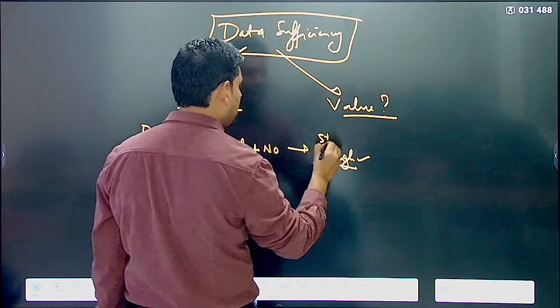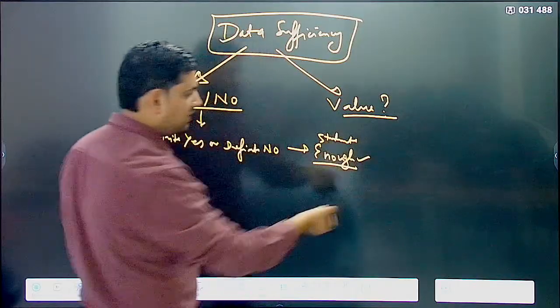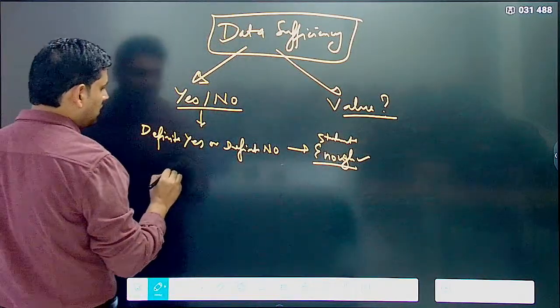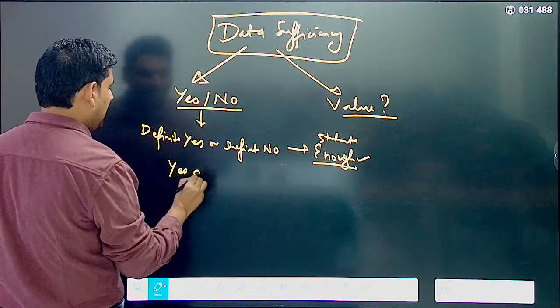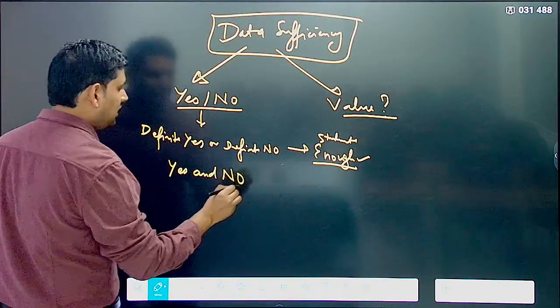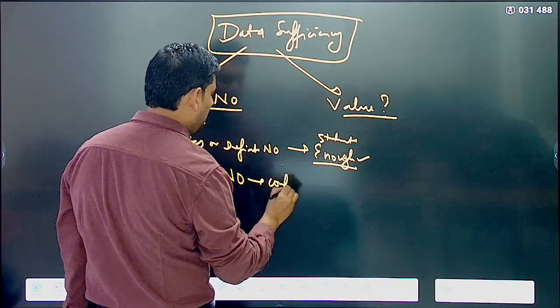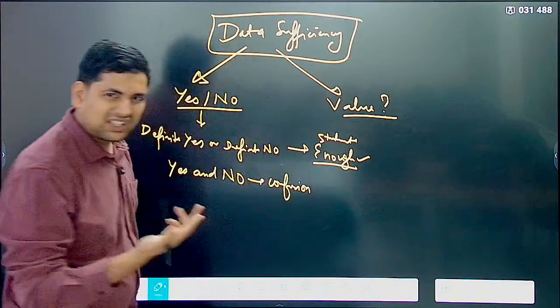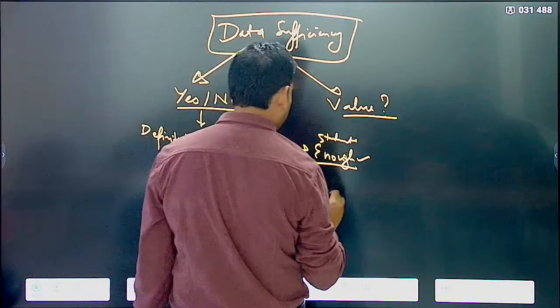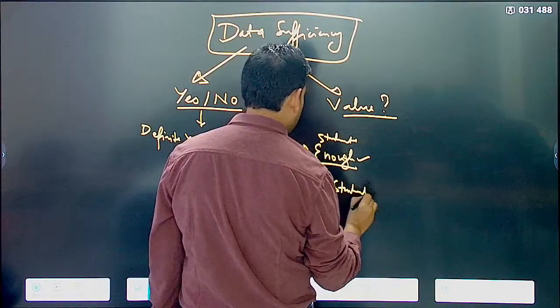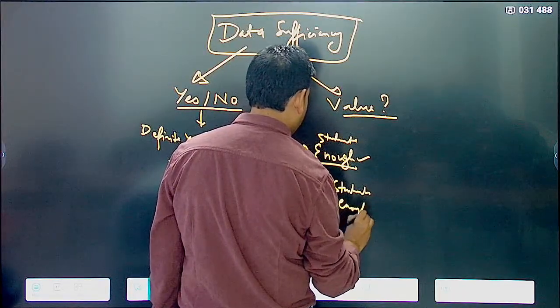So whatever combination of statements, they are enough. If you are getting yes and no, that is, you are getting some kind of confusion, in one case you are getting yes, in the other case you are getting no, then you say that the statements are not enough.